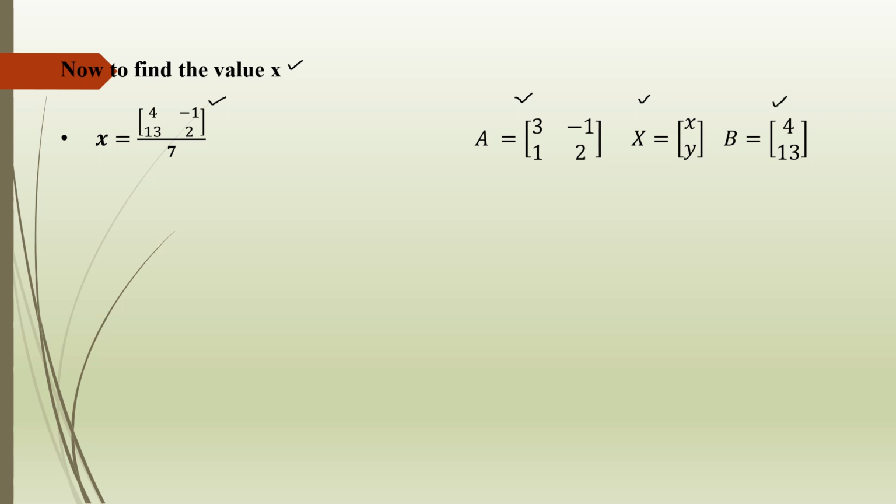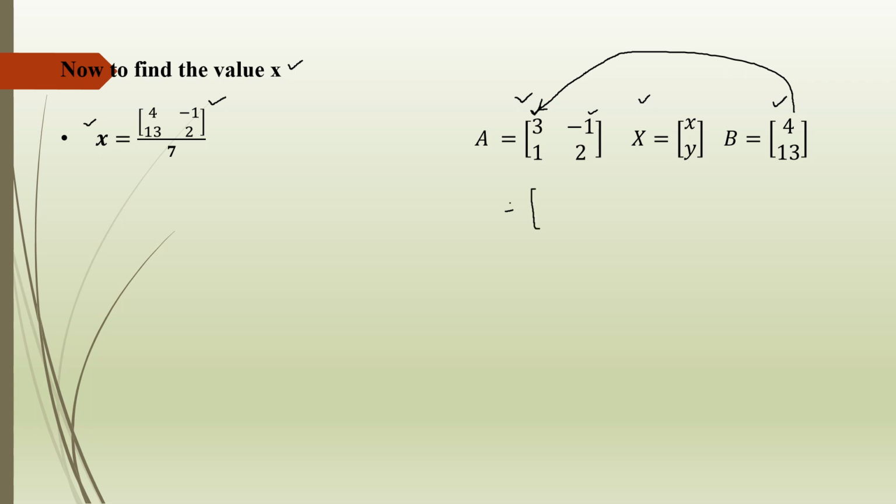When we find the value of x, in place of the first column we will write the value of b, and the second column will stay the same.